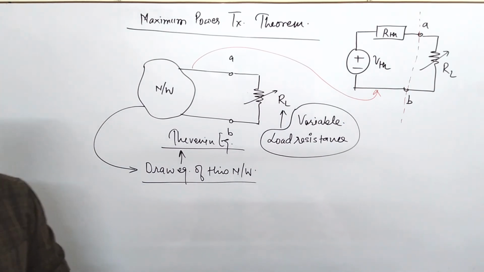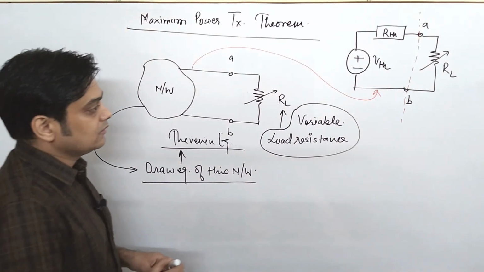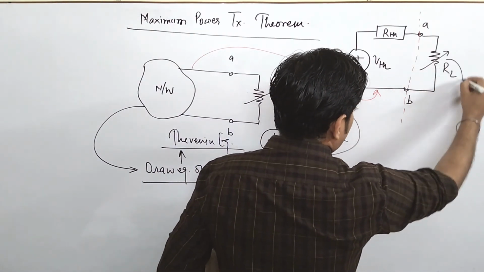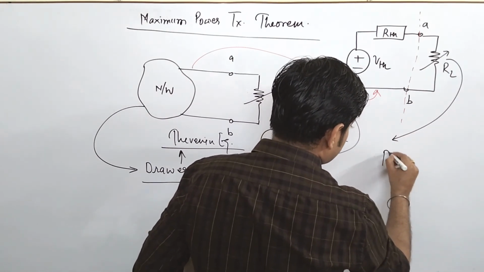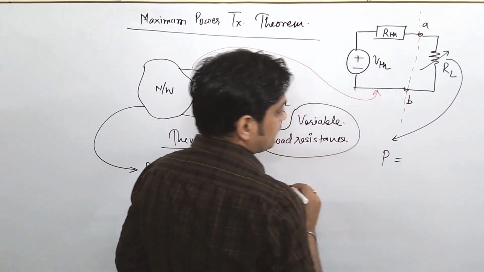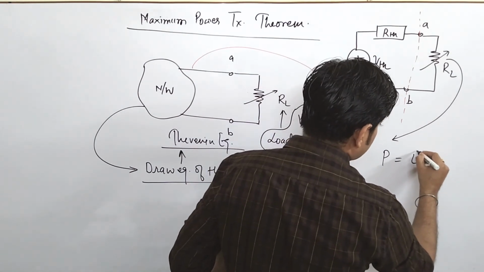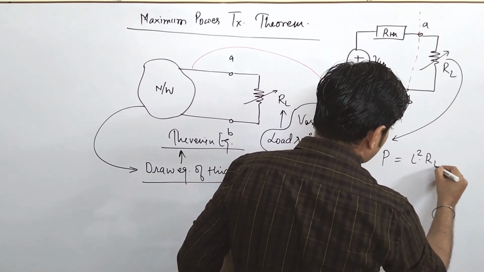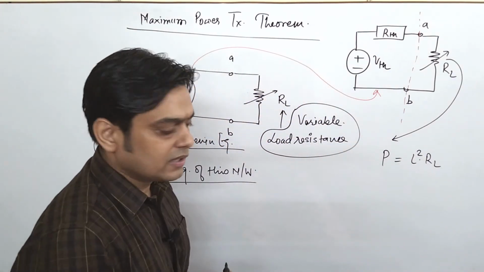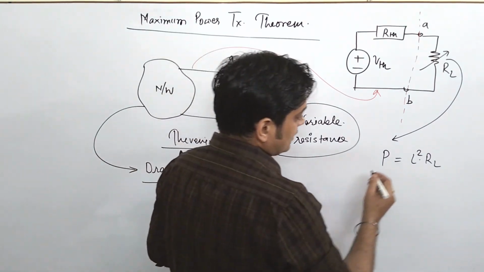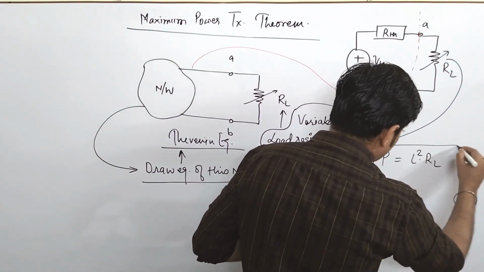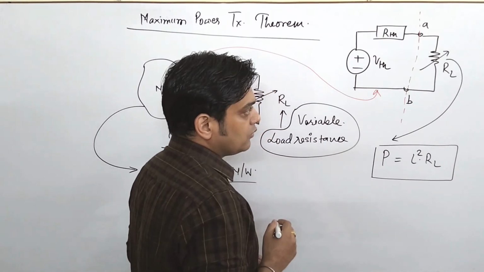Can you find that power? Yes. If I say there exists some power P, that power is either I square into RL, or V square by RL. But for the time being, I will consider this as our power across the load RL.